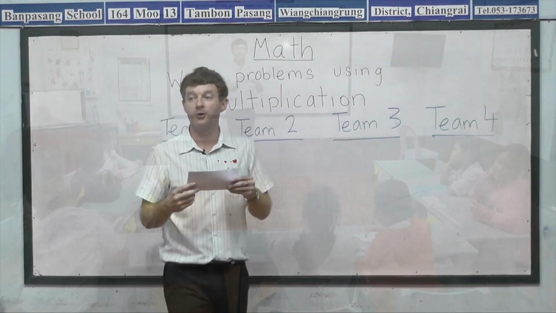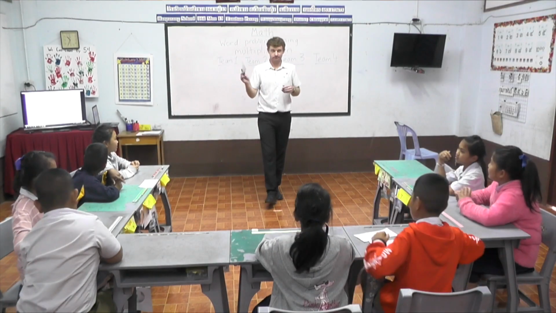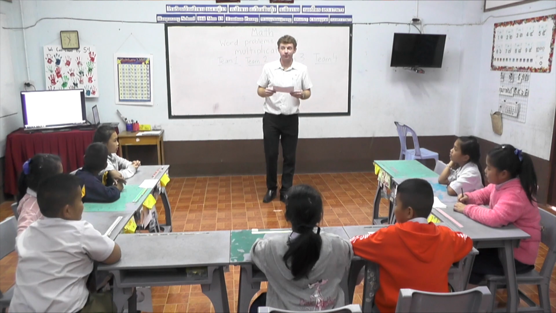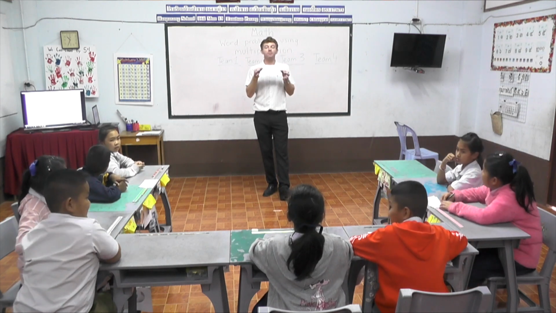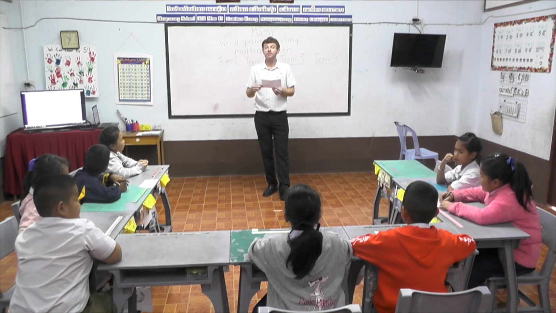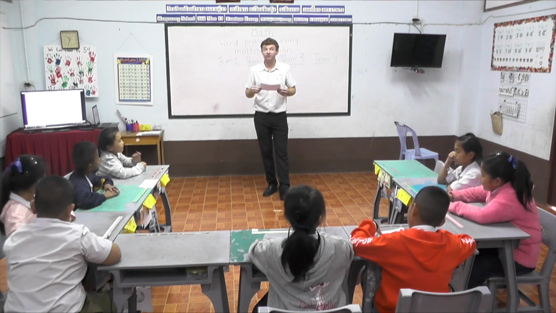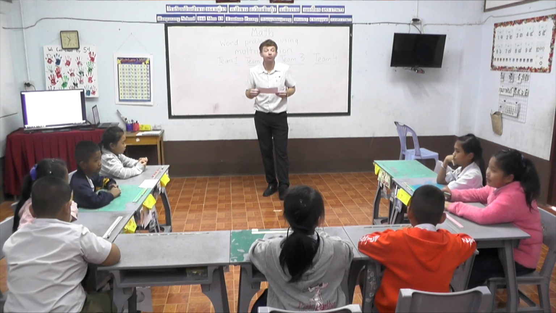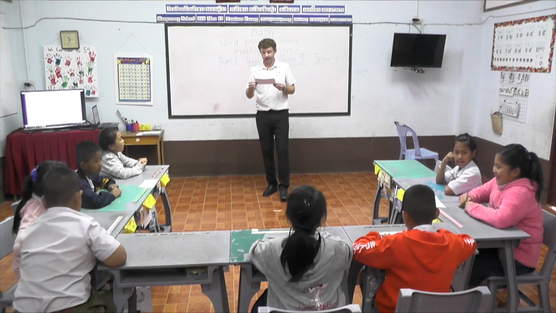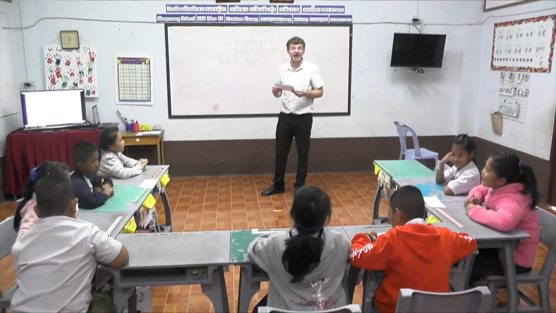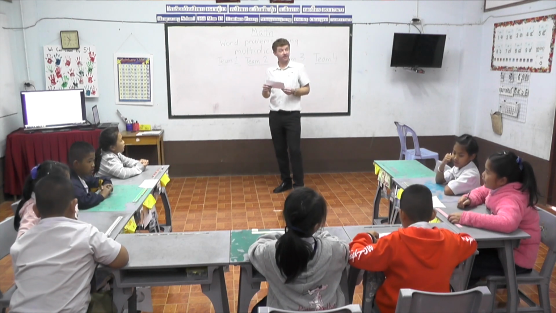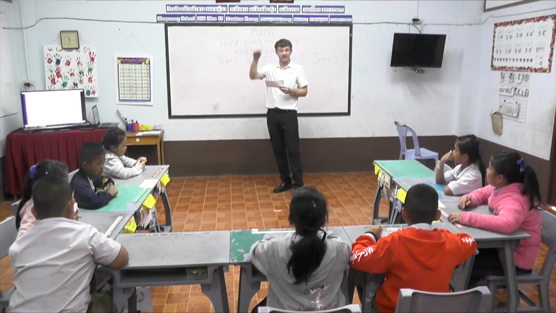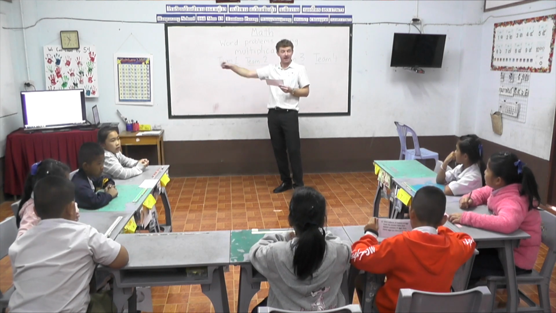Word problem number 3. So let's read together first, okay? This is word problem number 3. A boat sails to an island 15 times a day. Yes, it sails back 15 times a day.